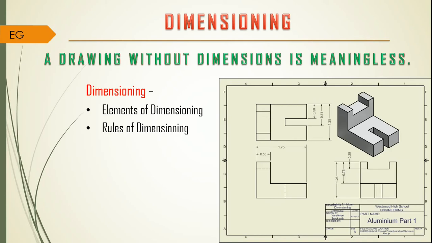So the very important task is, as soon as you complete the drawing, or as soon as you draw a particular view, you must show its dimension. So in dimensioning we have to focus on two parameters. One is the elements of dimensioning and the other is the rules of dimensioning. So initially we go for the elements of dimensioning.